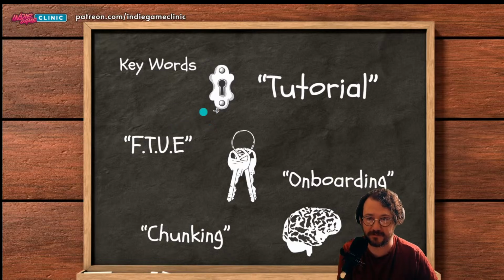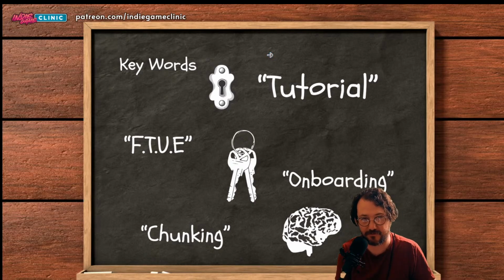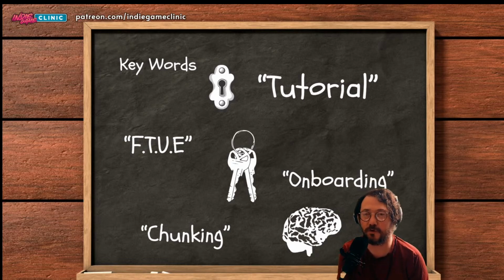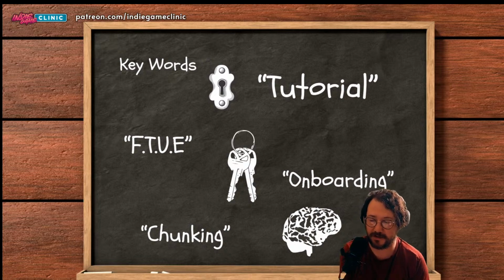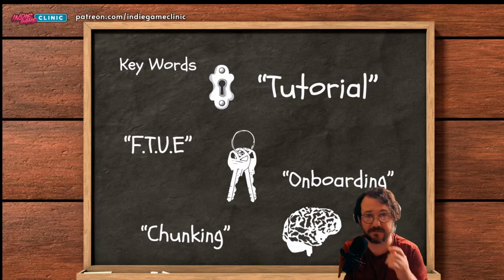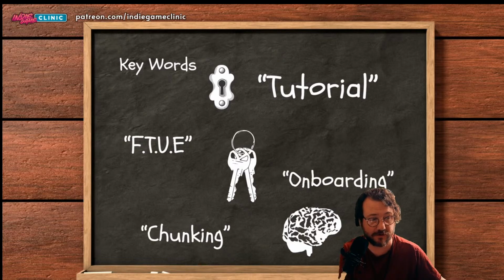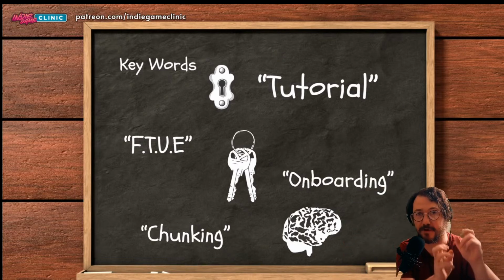And these can be very different from each other, because when we talk about a tutorial, we tend to think of a discrete set of content that is made to teach the game. First time user experience can include things like, what do you hide from the player in their first playthrough? To give a bad example of this in practice, one of the things I've seen a few times with games that have been sent in is games with different modes where, as a playtester, I open up that game and I don't know which mode is the main mode for the game.